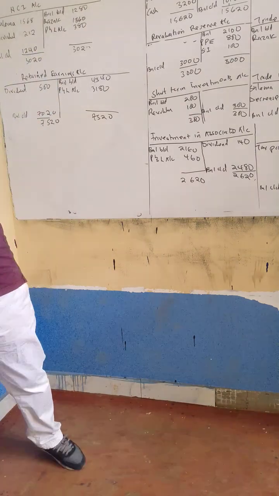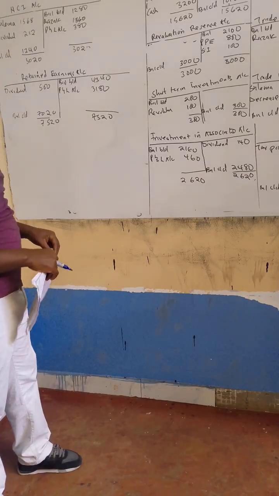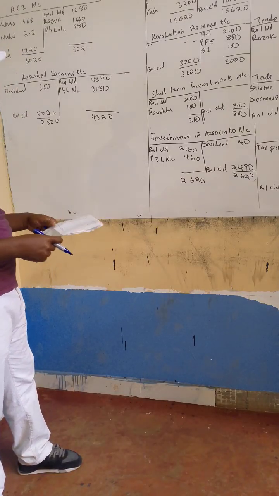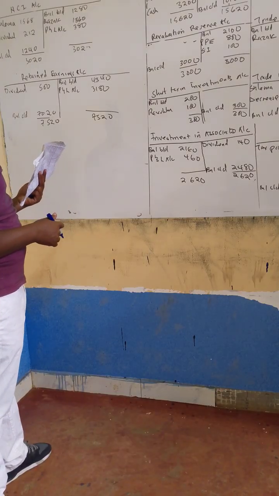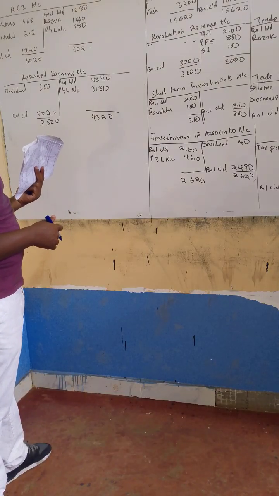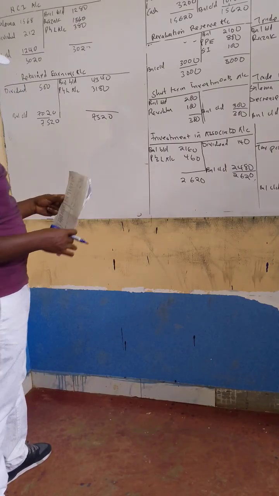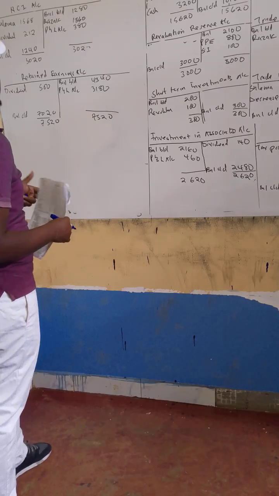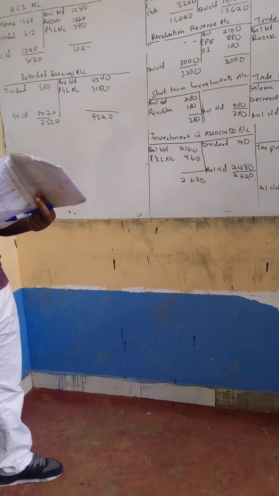I think from that point we can now consolidate this financial statement. Now you guys will help me find the dividend paid to majority, to NCI, and also cash paid.